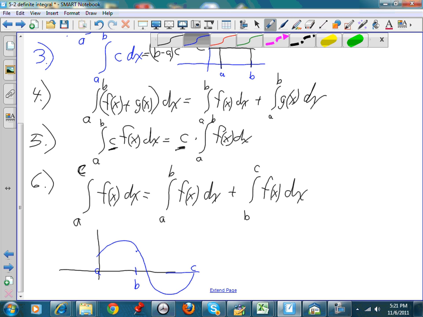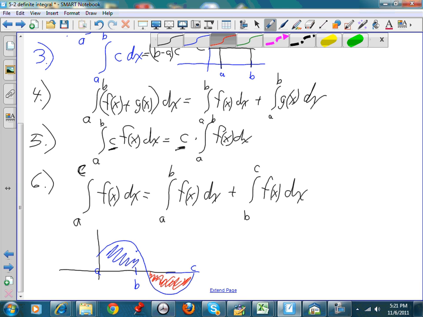So I could find a to c, which is basically going to be what? It's going to be this area here minus the red area here, because this is below the line. So the integral from a to c would be the blue area minus the red area.